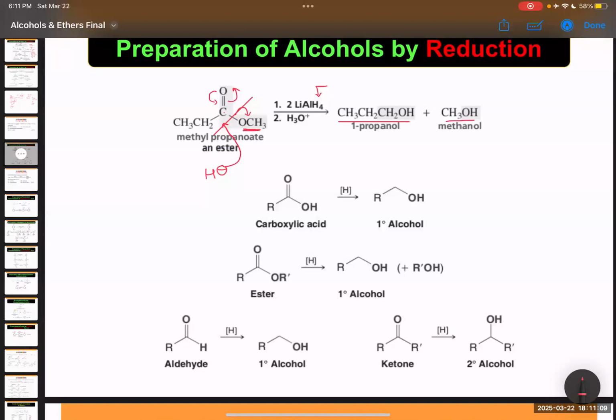All carboxylic acid derivatives will give you alcohols except amide with LAH.